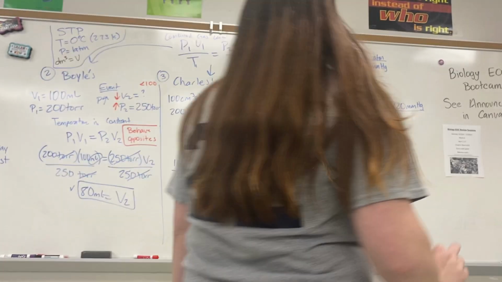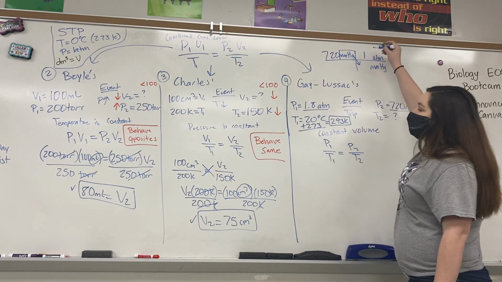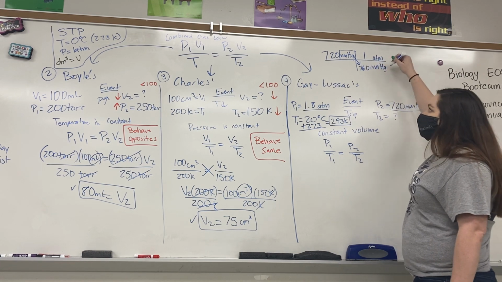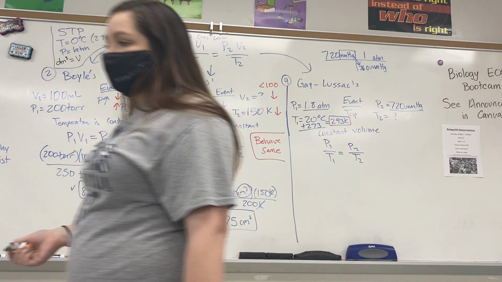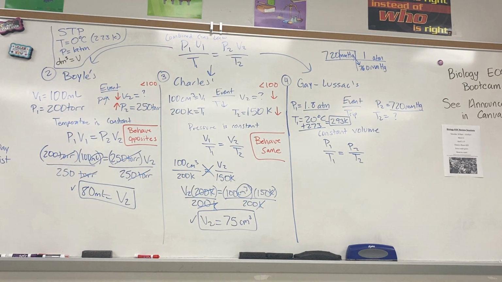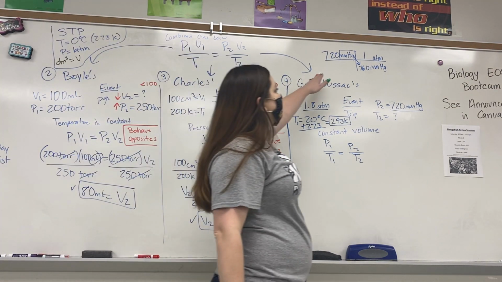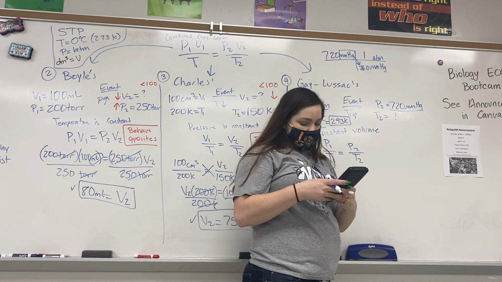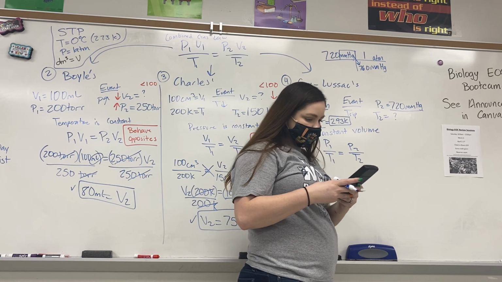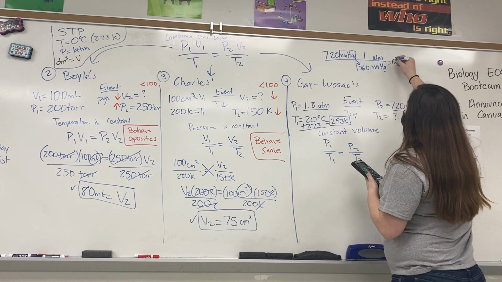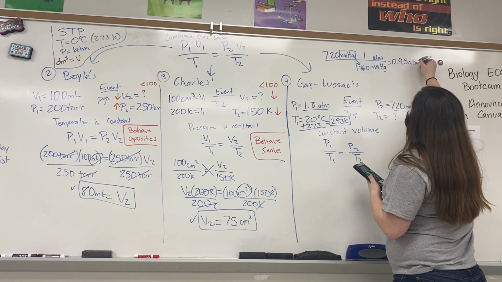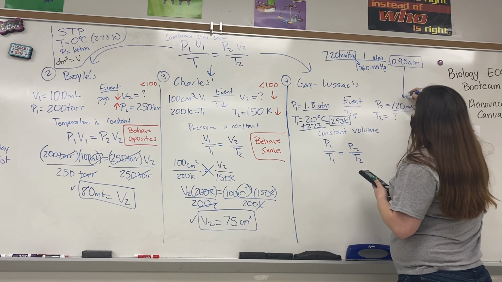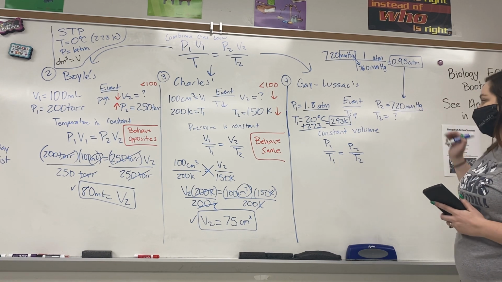So I'm going to write the number 1 on the top, because 1 atm is equal to 760 millimeters of mercury, so my 760 is going to go on the bottom. What that means is, in order to convert from millimeters of mercury to atm, I have to divide by 760. So 720 divided by 760 gives me roughly 0.95 atm. So this is the number I'm going to use in place of my 720 millimeters of mercury.